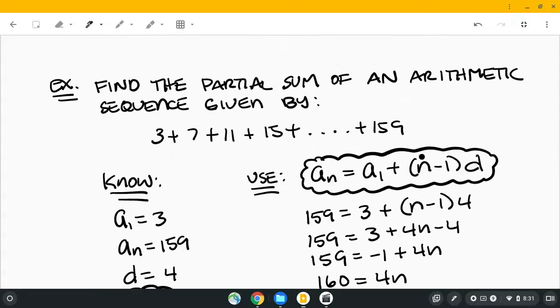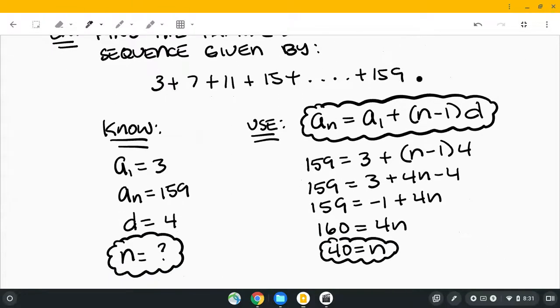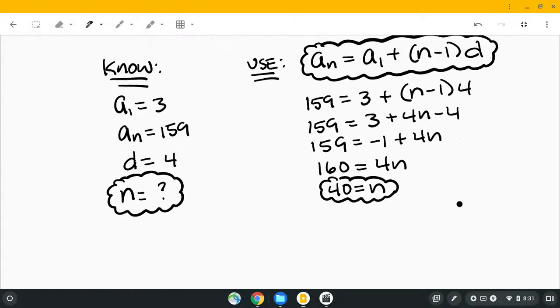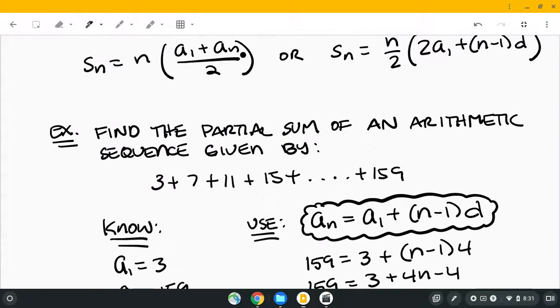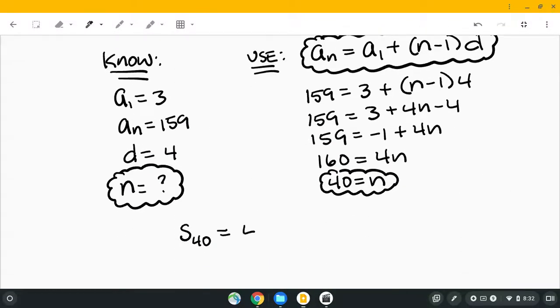All right, so it said to find the sum, and it's the sum of the first 40 terms. So this here was our 40th term, because n is 40. So the sum of the first 40 terms is going to be n times (a1 plus an) divided by 2. So n, which is 40, times (a1 plus an) divided by 2.